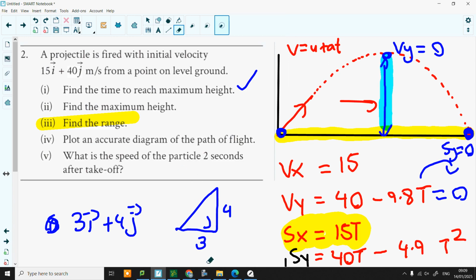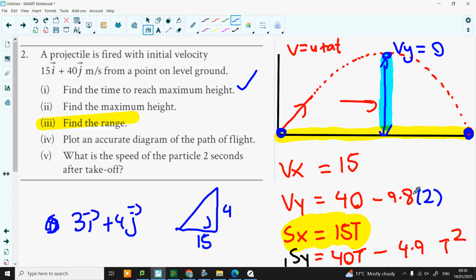Everybody cool with that? So here's what we're going to do. What do we know about the x speed? The x speed is always going to be 15. But what do we have to do with the y speed? Can anybody tell me? Replace t with what time? 2. T with 2, yeah?